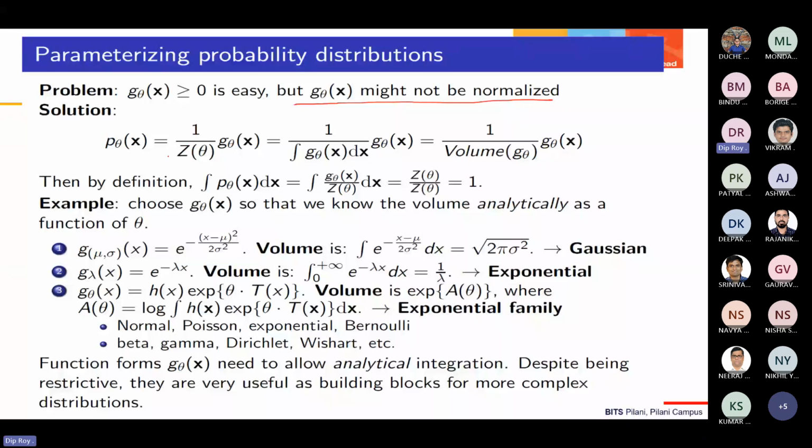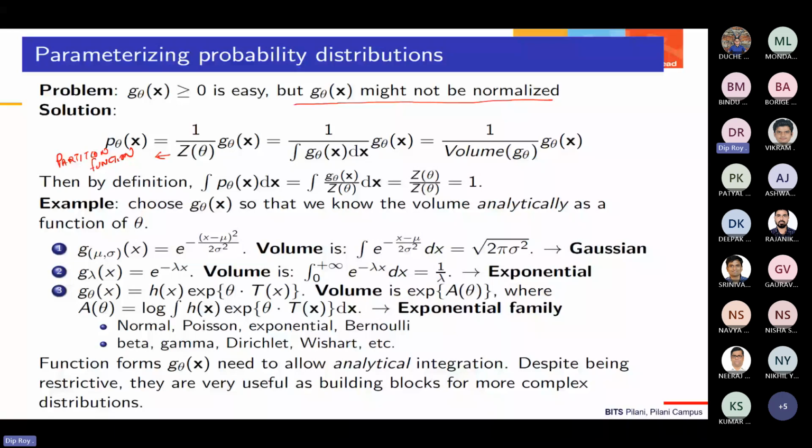This particular thing, in technical language, is called a partition function. In general literature, this is called a normalizing constant.